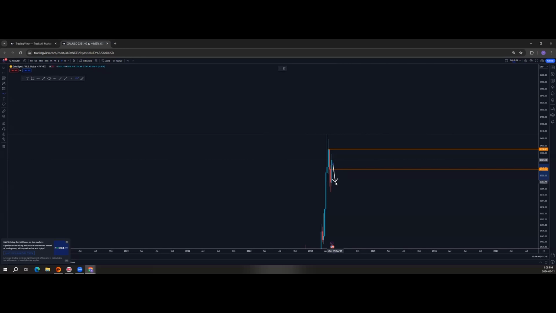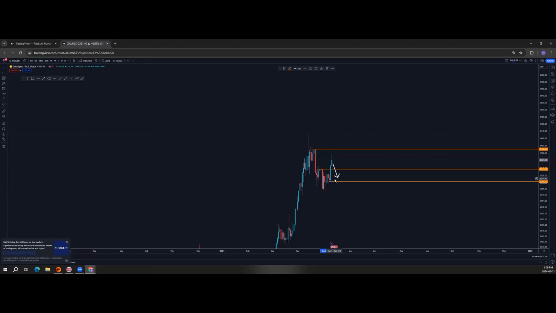That lower wick could come down to our zone here, which we identified as a previous resistance that turned to support now, or it could come down back to where this previous support is. And that's where you have zones on top of zones on top of zones.